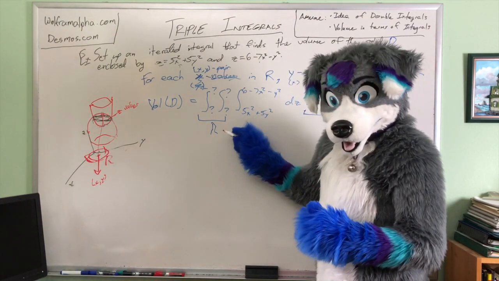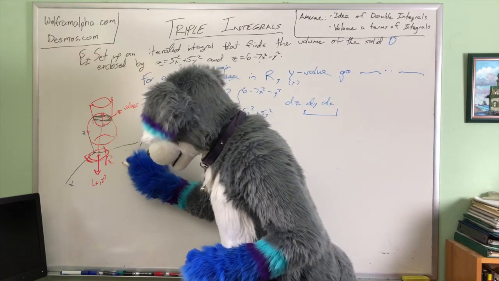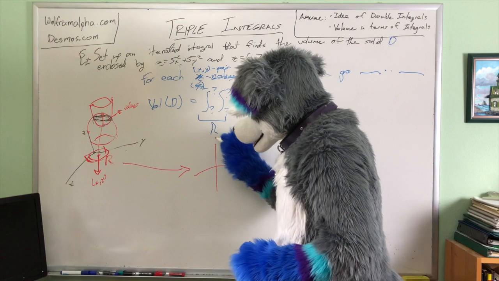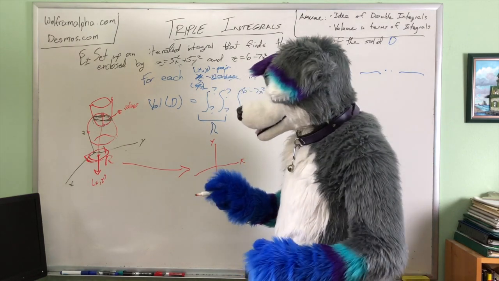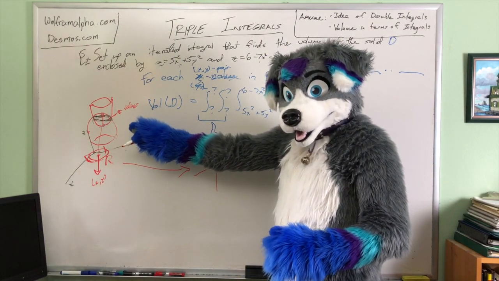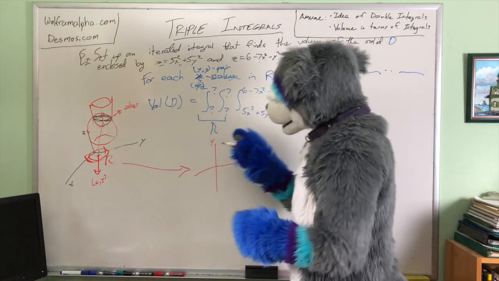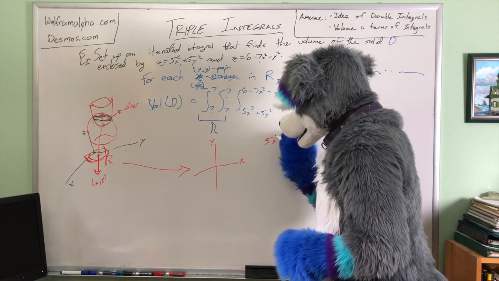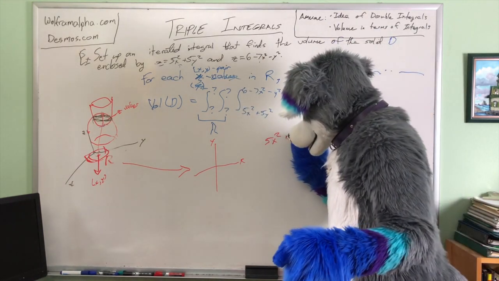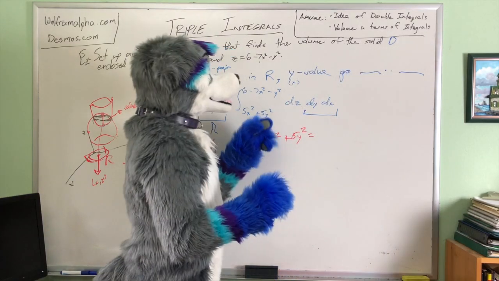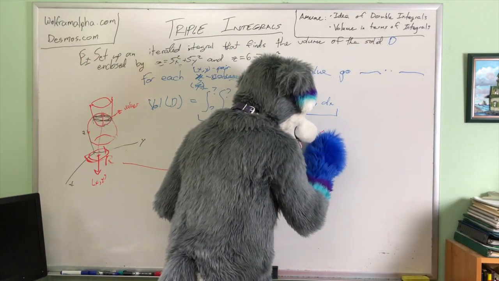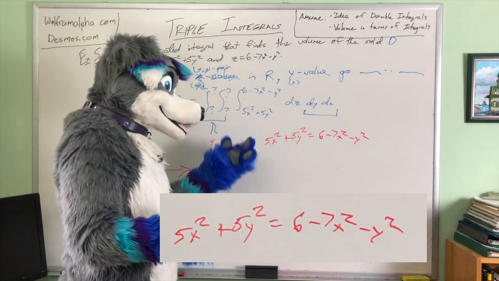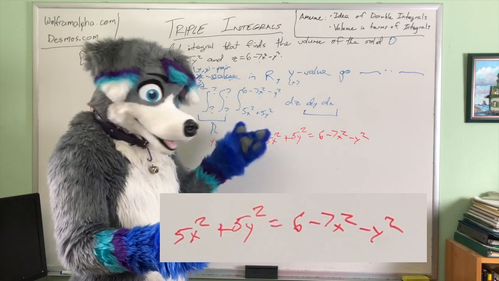So now we need to describe this region R. If I just look at the xy plane, there it is. The equation of this curve is found by setting these two things equal to each other: 5x squared plus 5y squared is equal to 6 minus 7x squared minus y squared. We want to see what this thing looks like, so we just simplify.